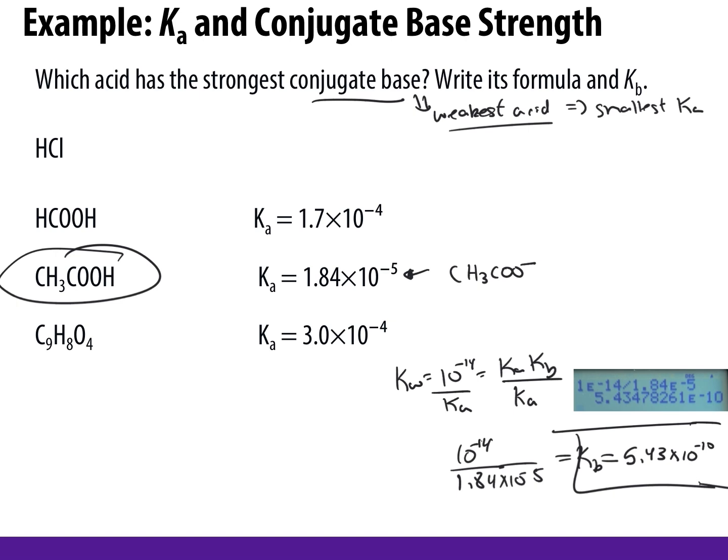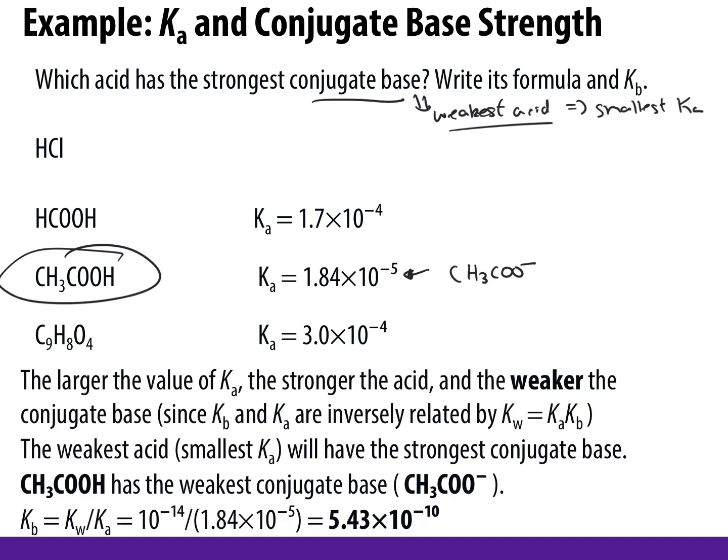That answer should make sense. 10 to the minus 14, the exponent here is negative 5, so negative 14 minus negative 5 gives us around 10 to the minus 9. And when you account for the 1 divided by 1.84, 10 to the minus 10 there, it all checks out. This is that same explanation in text for you to read if desired.